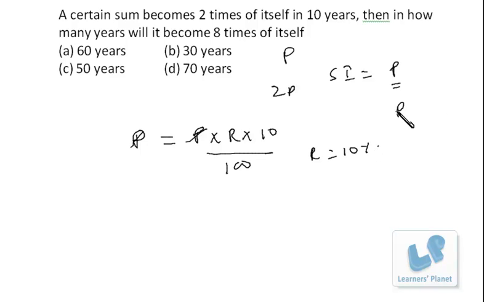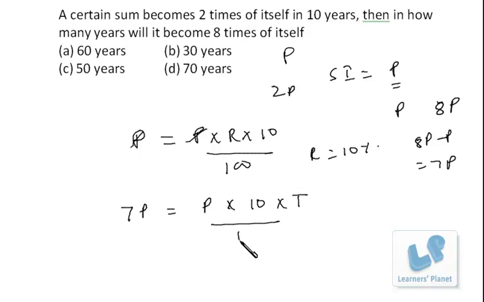That means the principal is P and sum to be 8P, that means simple interest to be 8P minus P, that is 7P. So 7P is the simple interest, P is the principal, R is 10%, and we have to find out the time, by 100.